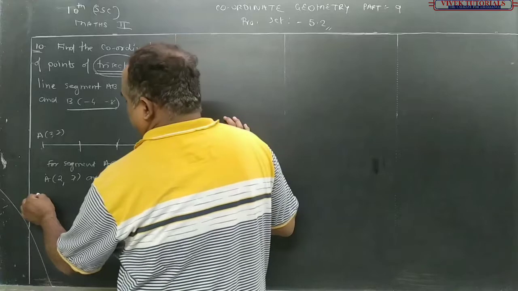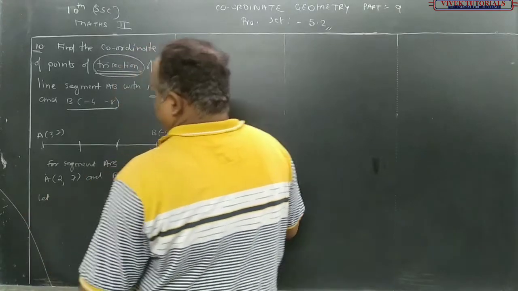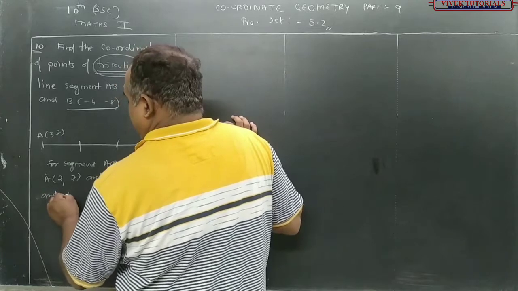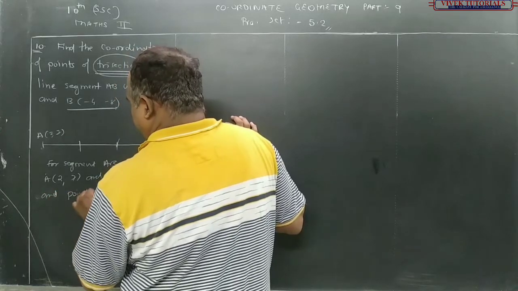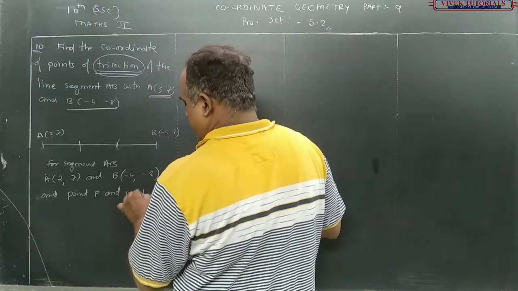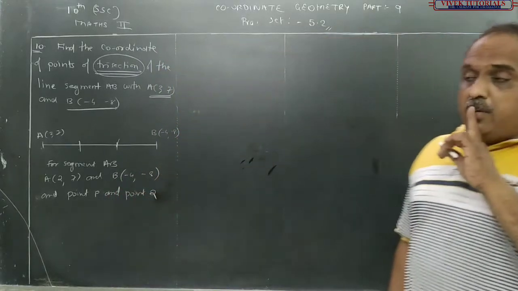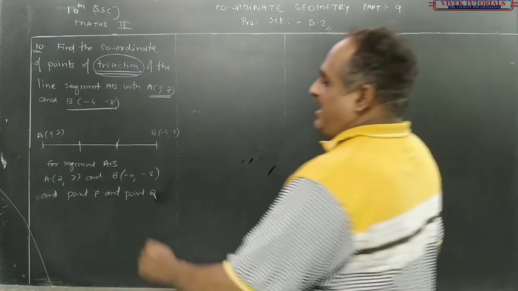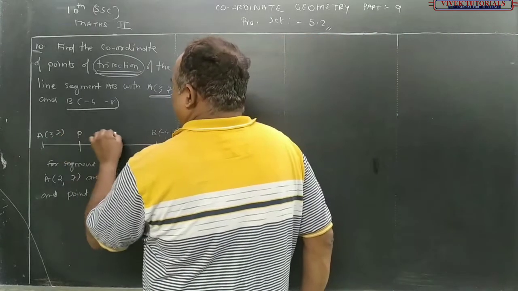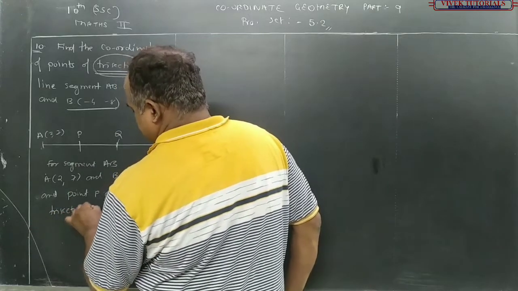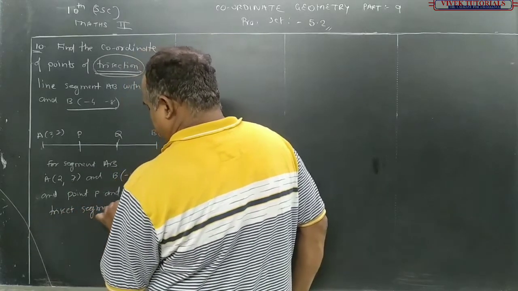Here we are going to write: let point P and point Q trisect segment AB.